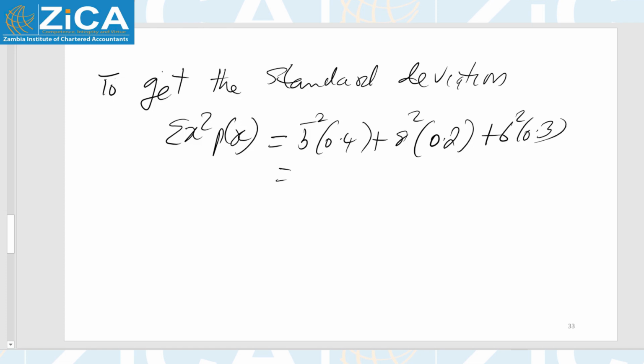This will be equal to 25 times 0.4, which gives us 10, plus 64 times 0.2, which is 12.8, plus 36 times 0.3, which gives us 10.8.